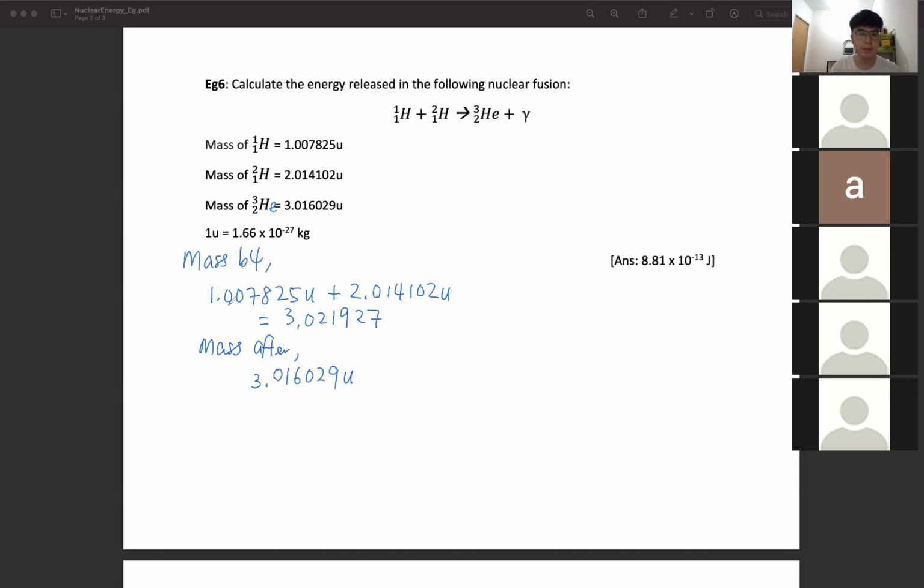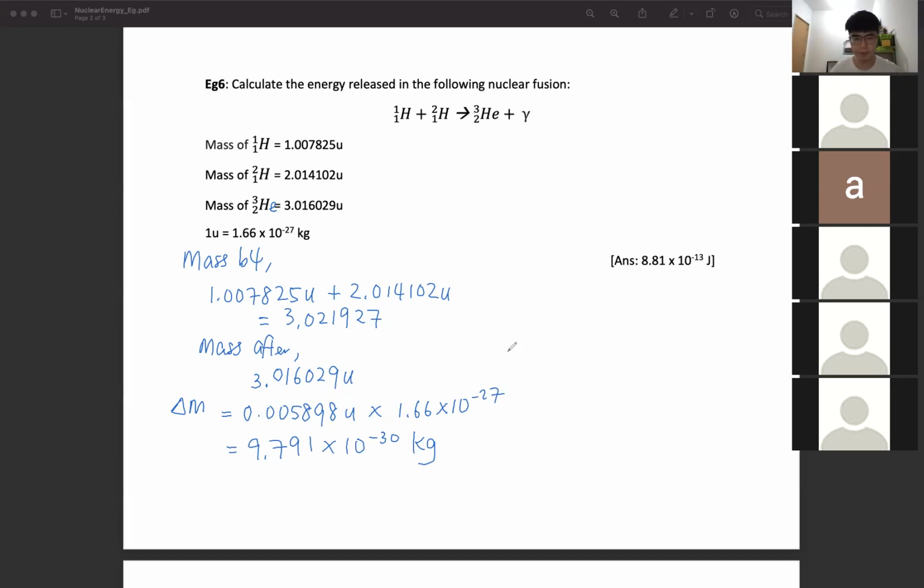All right, so mass after minus mass before, we get the mass defect. That equals 0.005898 U. I write change in mass, and then we times by 1.66 times 10 power negative 27. We get 9.791 times 10 power of negative 30 kg.